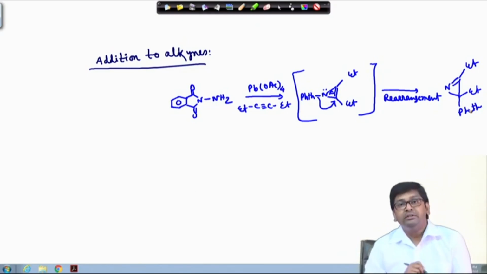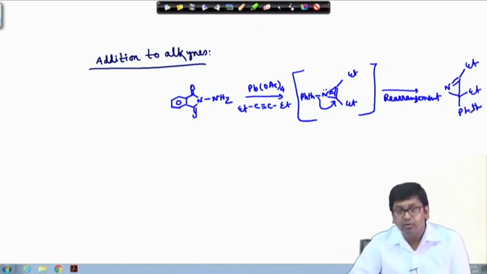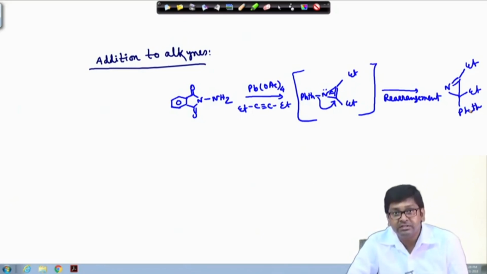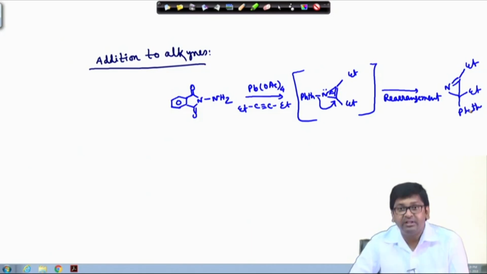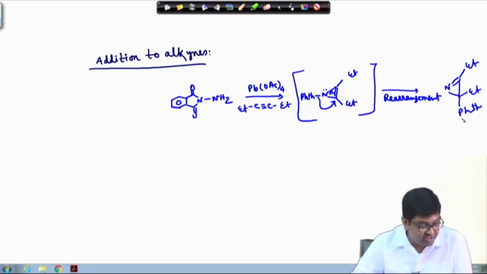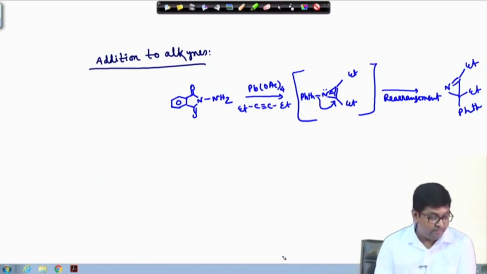Okay. So, in this case, we will get the initial product in such a way that it is not a stable product, because it is somewhat anti-aromatic, and once it becomes anti-aromatic it loses its stability, and after the rearrangement we get this other rearranged azirene ring, and that is nothing but this particular product. Okay.